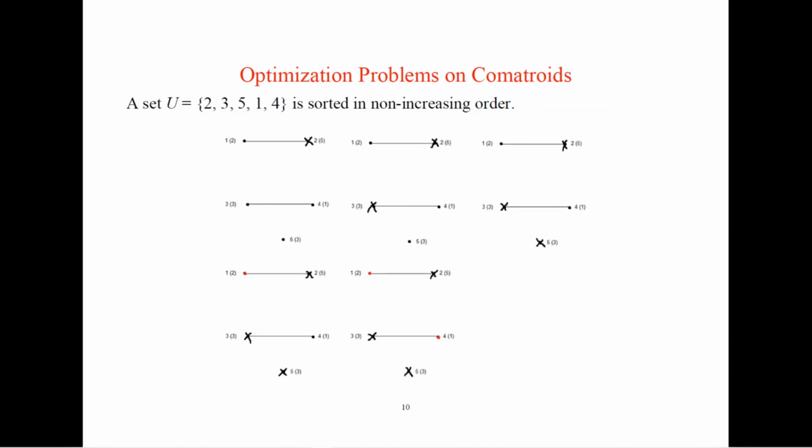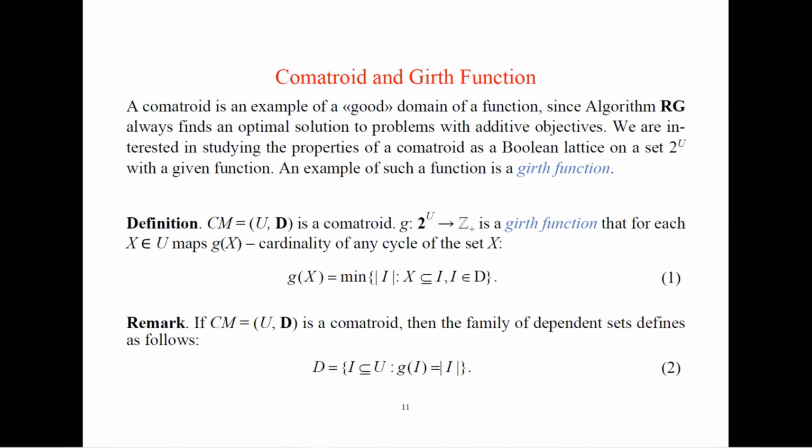So that's why if our heredity system is a comatroid, then the reverse greedy algorithm always finds the optimal solution for this problem, but only if our objective is an additive function. So from this point of view, a comatroid is an example of a good domain of function, since the reverse greedy algorithm always finds an optimal solution to problems with additive function.